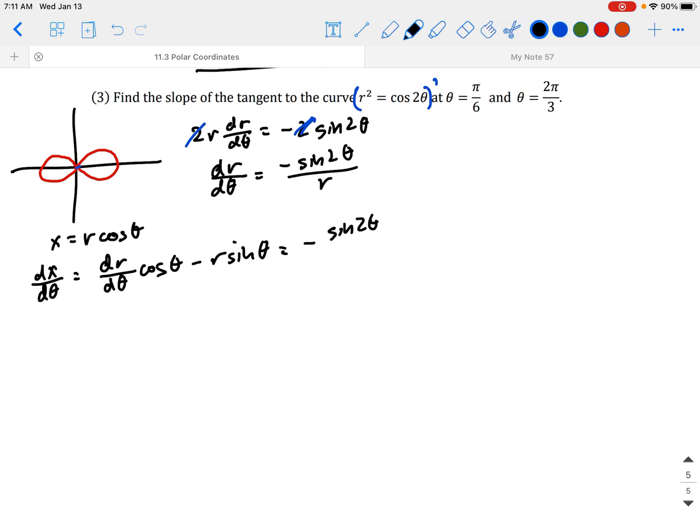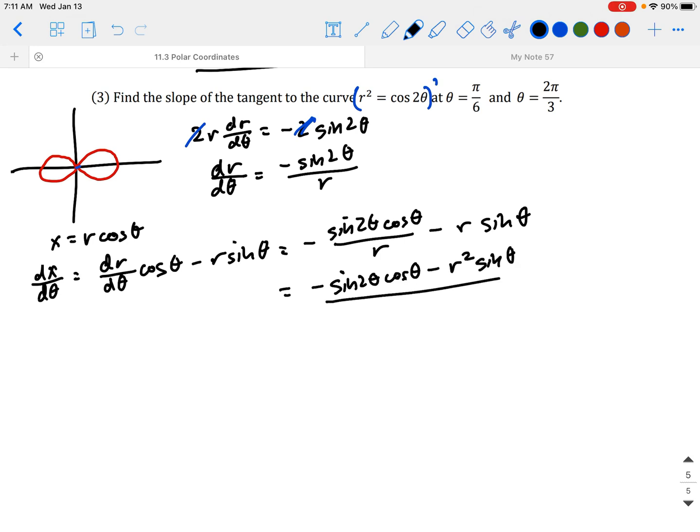So we'll have negative sine 2 theta cosine theta over r minus r sine theta, which we can then simply write as negative sine 2 theta cosine theta minus r squared sine theta all over r.